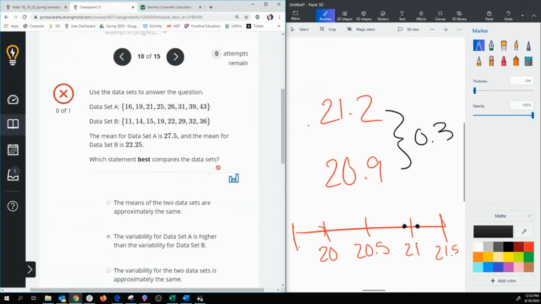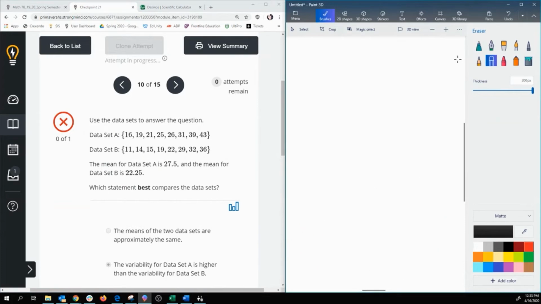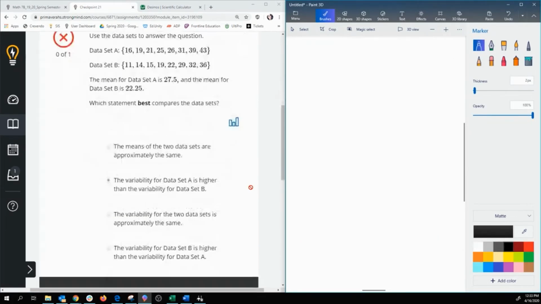Alrighty, next question gives us two data sets and we want to know which statement best compares them. And it tells us the two different means for the two different data sets. We are asked to compare them. And then let me know when you guys are good.